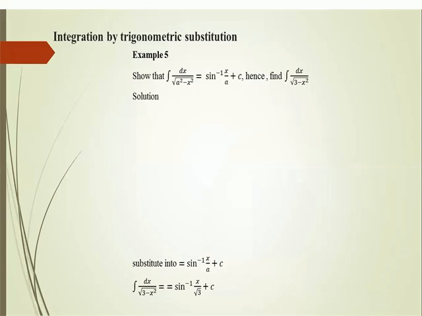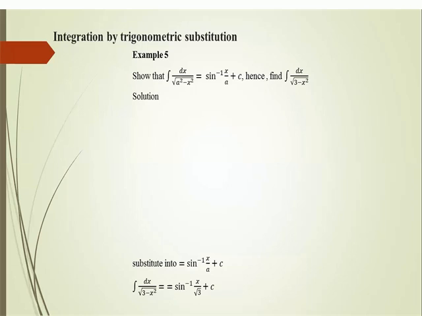Then from this same x equals a sine theta, what we basically do there is that we will differentiate x with respect to theta. By the time we differentiate x with respect to theta, we will have dx over d theta. By the time we differentiate sine theta, what do we have? We have cos theta.